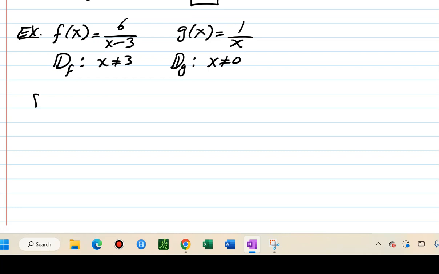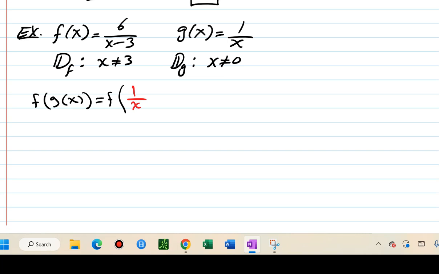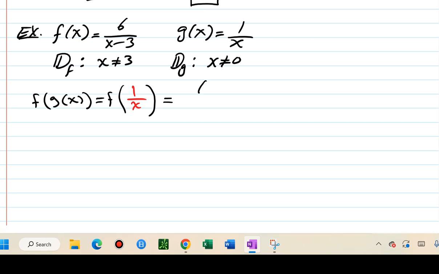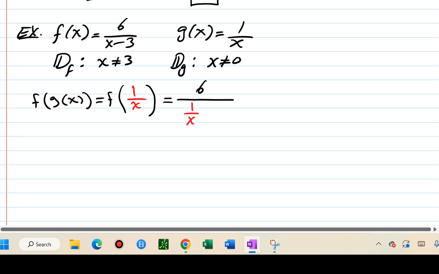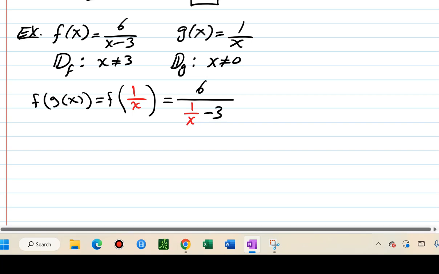Now, let's do the composition of f of g of x. The outside function is f, the inside function is g of x. So I'm just going to put 1 over x. That's my g of x. What is f going to do with this input? Well, f is going to do 6 divided by whatever the input is, which happens to be 1 over x, and then it will subtract 3 from it in the denominator. That's what f does.